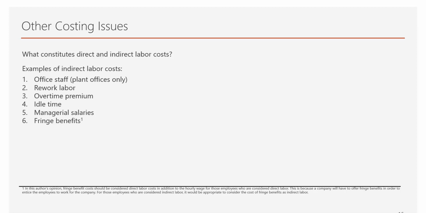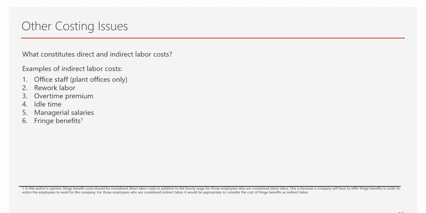I offer $30, he offers $30, but he offers fringe benefits. Are you going to work for him or are you going to work for me? Well, you're going to work for him. So the only way to entice you over to work for me is to offer you benefits.